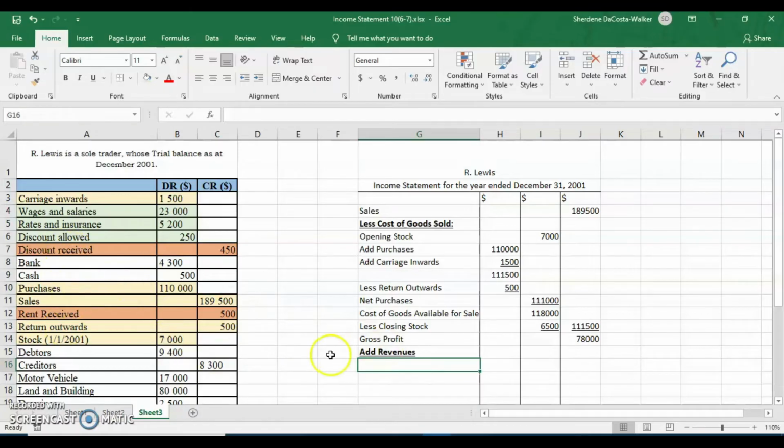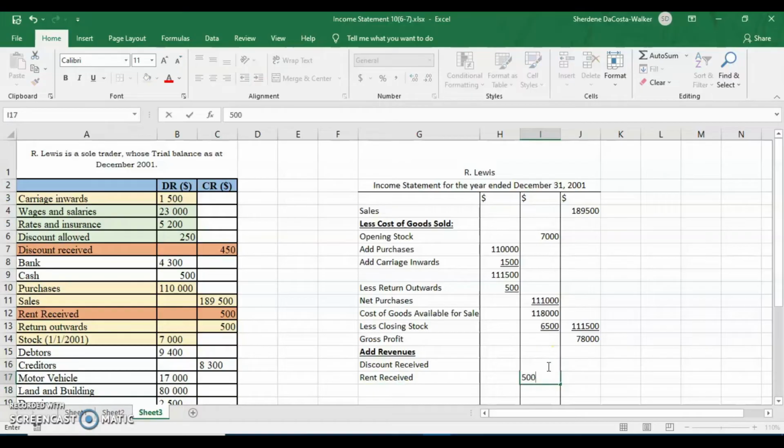There's only two, and that's discount received, rent received. The figures are, we're going to put them in the second column because the total will be needed in this row to be added to the gross profit. So we're going to enter them.